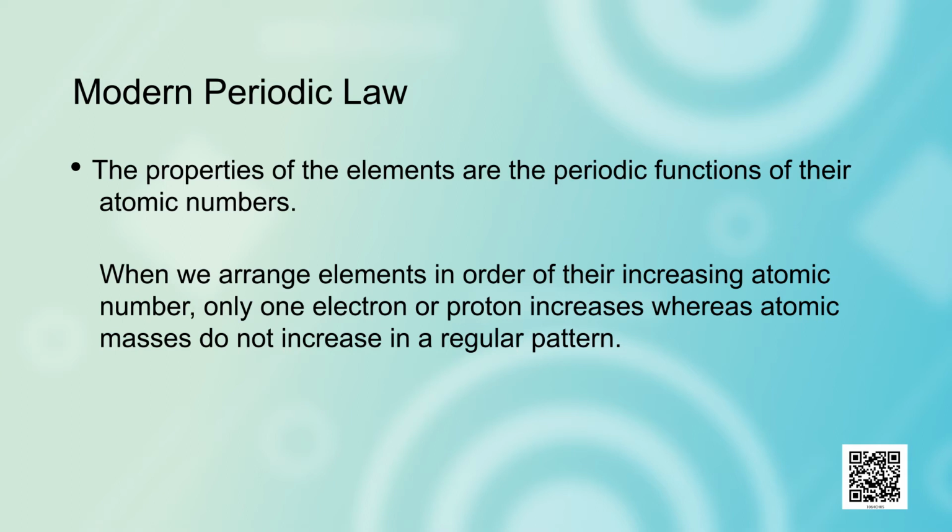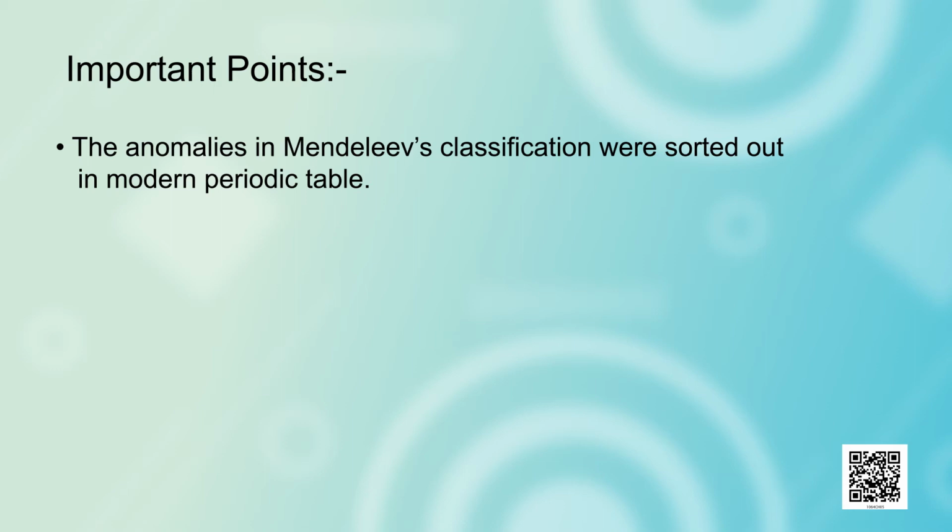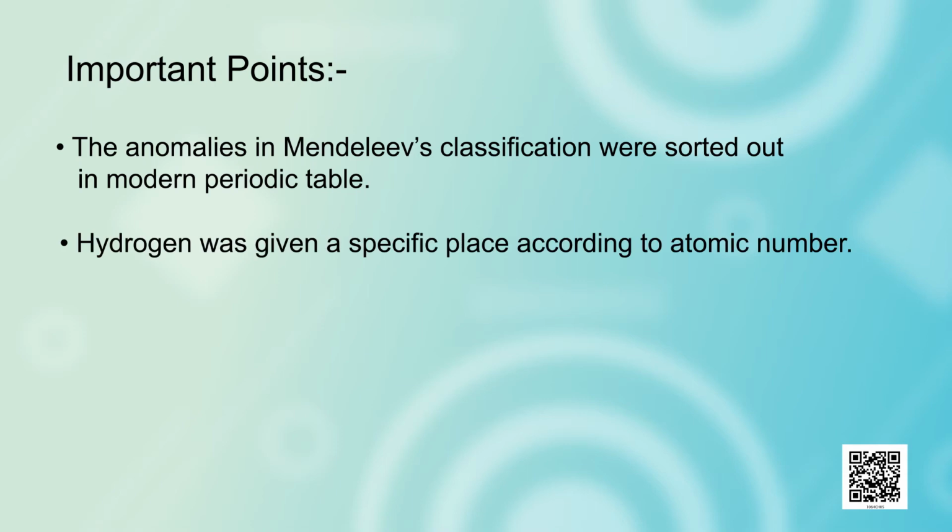Dear students, let's learn some important points about the modern periodic table. The anomalies in Mendeleev's classification were sorted out in the modern periodic table. Hydrogen was given a specific place according to atomic number.